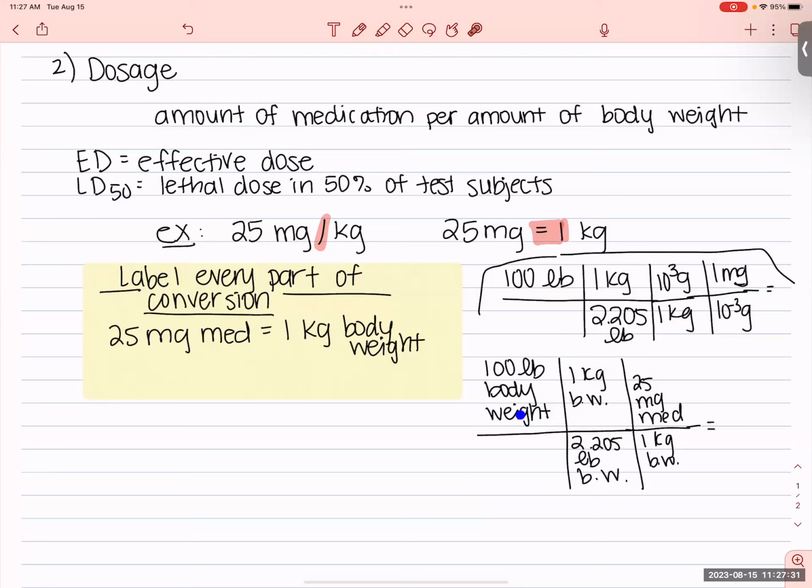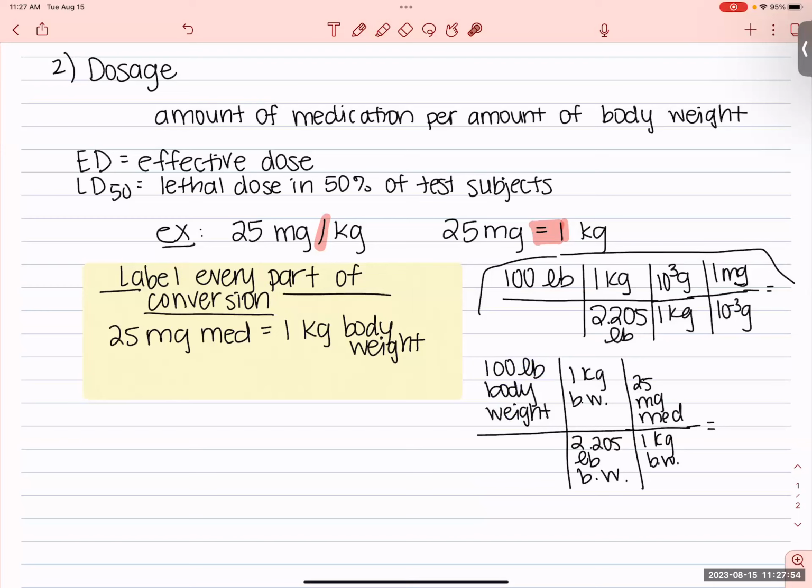So label not just the unit and the number, but what am I talking about? And later on in chemistry, you're going to need to label things, because we're going to be changing substances and chemical reactions and whatnot. And so you'll need to make sure everything has a label. So think about what number you need, what unit you need, and what substance you need.